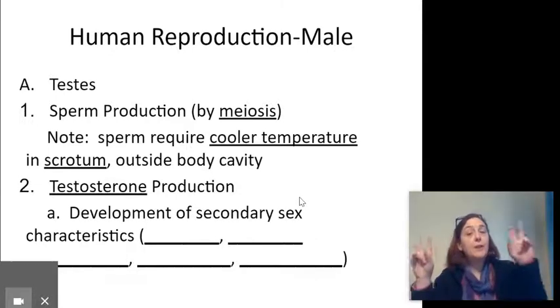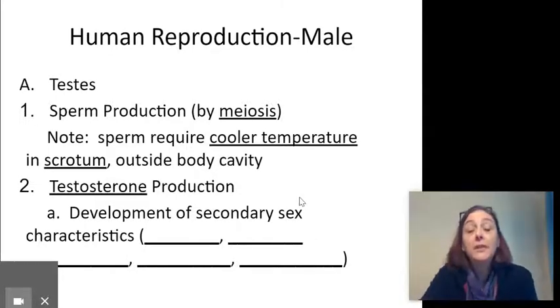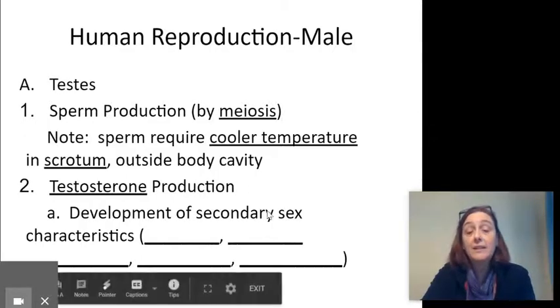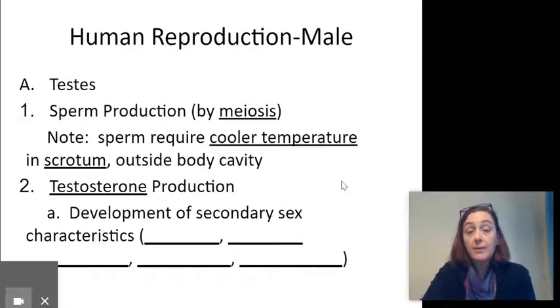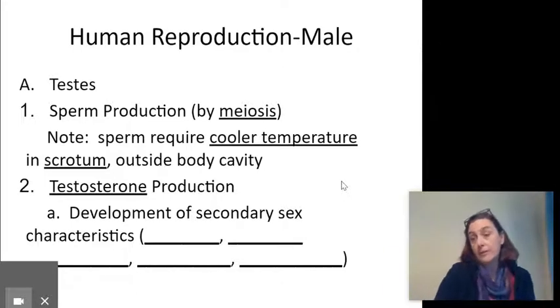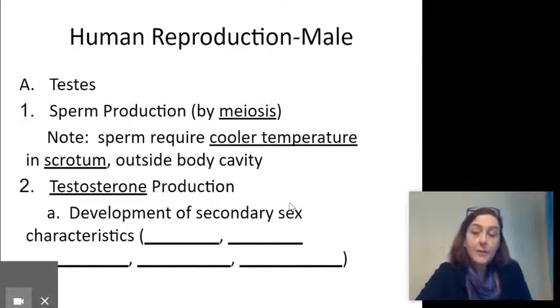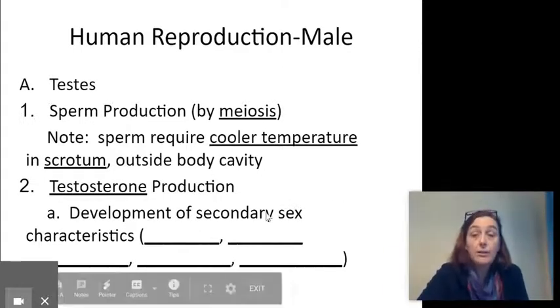Testosterone is what I like to call the manly hormone because it controls all the secondary sex characteristics. Secondary sex characteristics are those that do not directly control reproduction, but are specific to the sexes. So not the genitals, but the other characteristics.